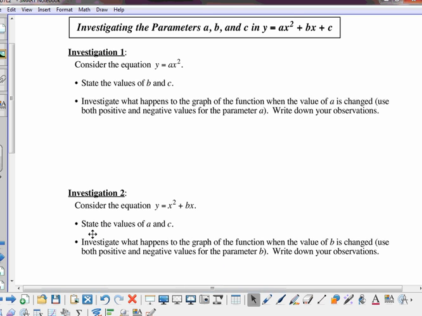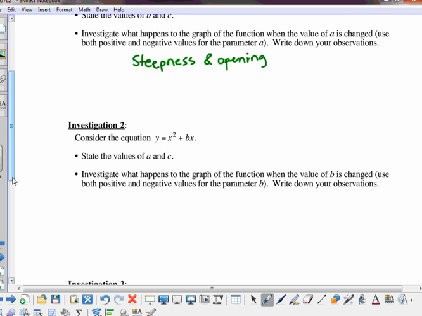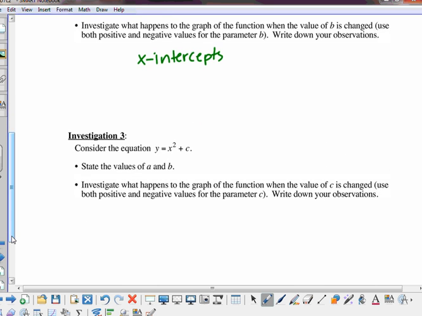So really quickly, the a value changes the steepness and opening. The b value changes the x-intercepts. And the c value changes the y-intercept. Okay? So those are the effects on those variables.